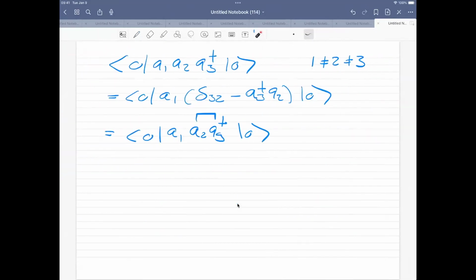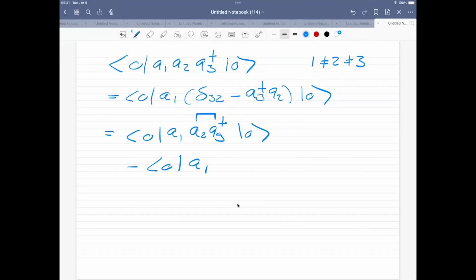Then, sorry, if I now look at the next term, I have a minus <0|A1 and we know that 2 and 3 cannot be equal, so this is obviously equal to 0. It has to be, but let's just keep it like that.